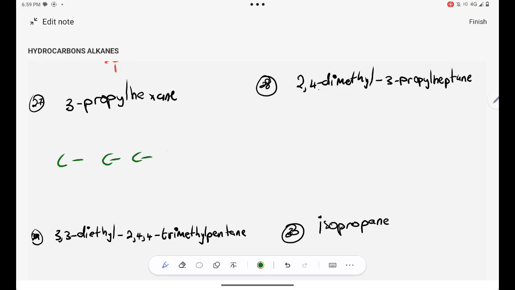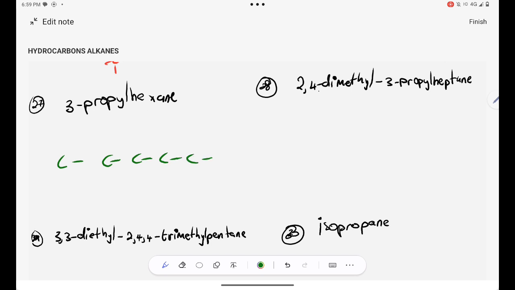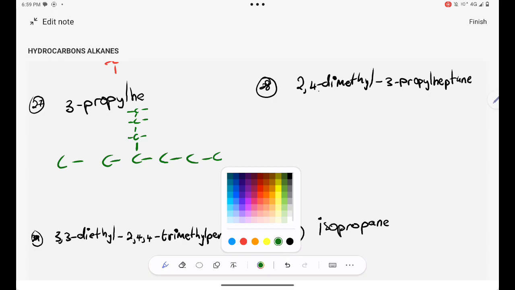I simply have 6 carbons since my parent chain says hex. 1, 2, 3, 4, 5, 6 over there. And then at carbon number 3, I will have my propyl over there. No, it's not supposed to say hexane. It's supposed to say heptane, actually.